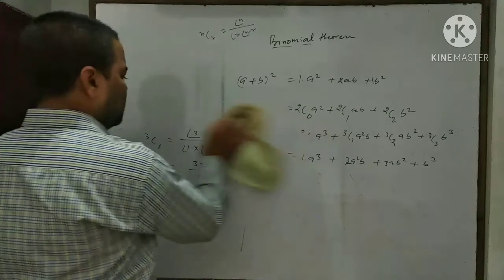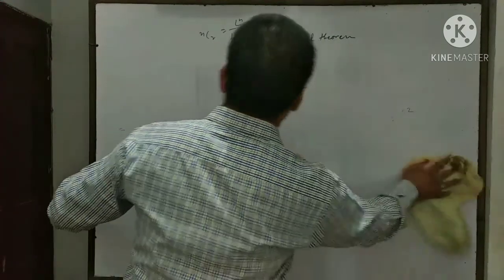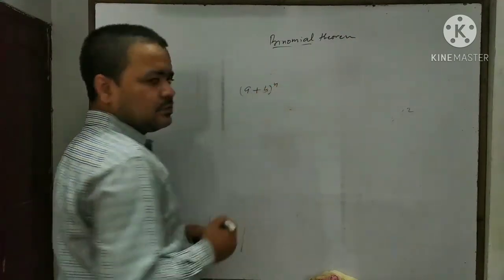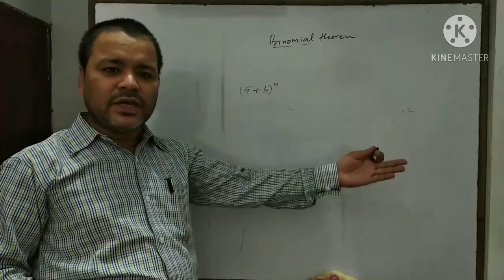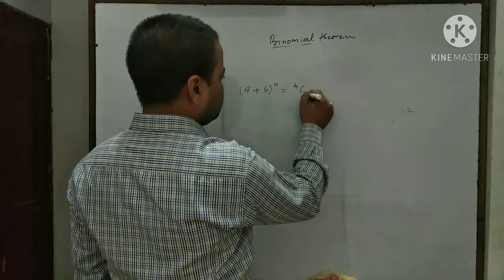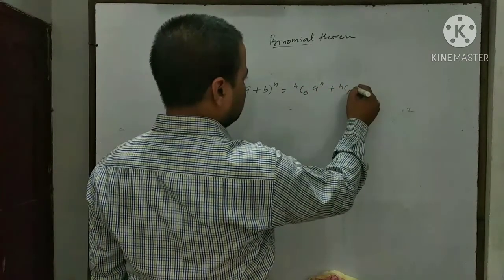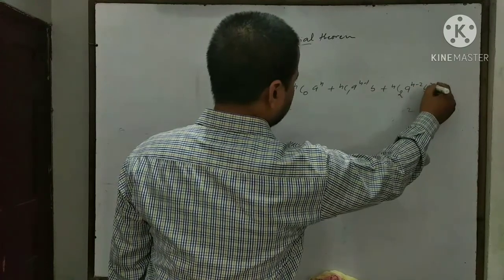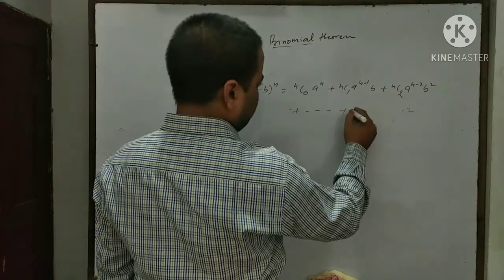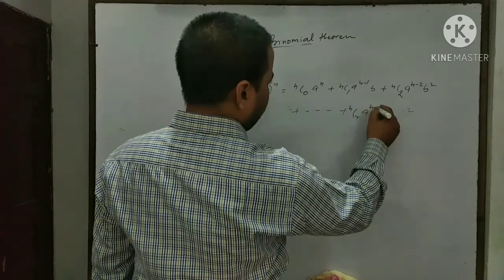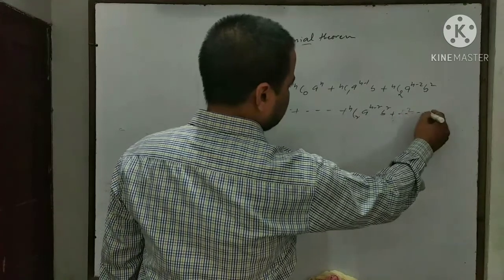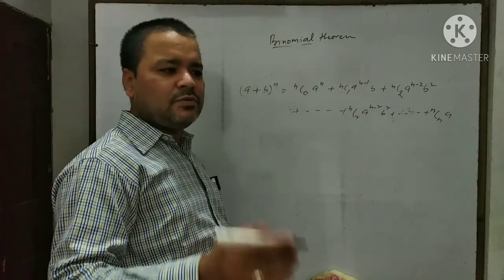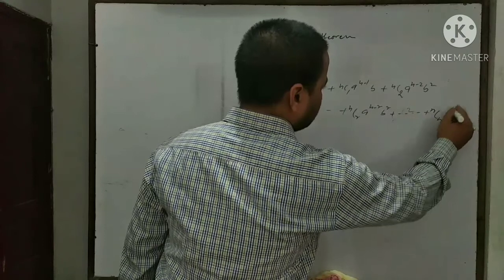So if the power of the binomial is n, just like (a + b) raised to the power n, then in this case the total number of terms will be n + 1 and we can write nC0 a^n + nC1 a^(n-1) b + nC2 a^(n-2) b² + up to nCr a^(n-r) b^r, and the last term nCn a^(n-n), that will be a^0, and b raised to the power n. Finally b raised to the power n.